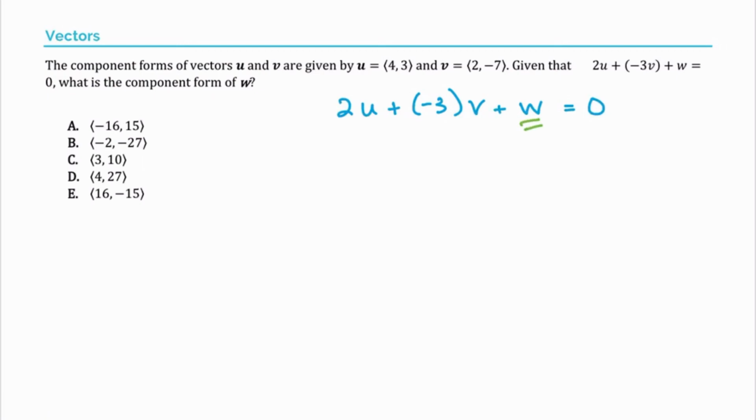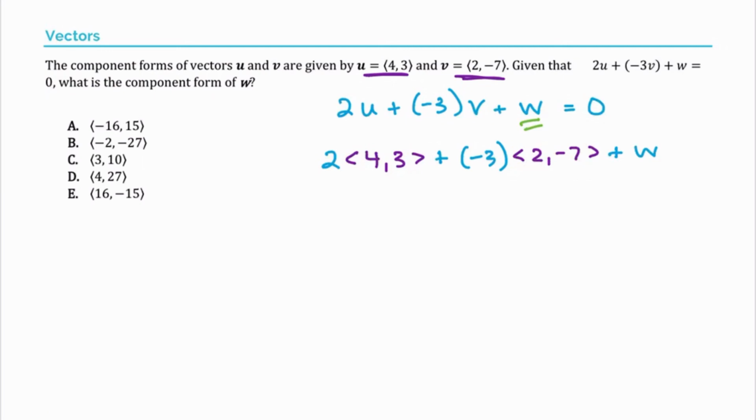So here we go. I'm going to have 2 times vector v, or excuse me, vector u. Vector u is 4, 3. I'm going to have that plus -3 times vector v, which is 2, -7.